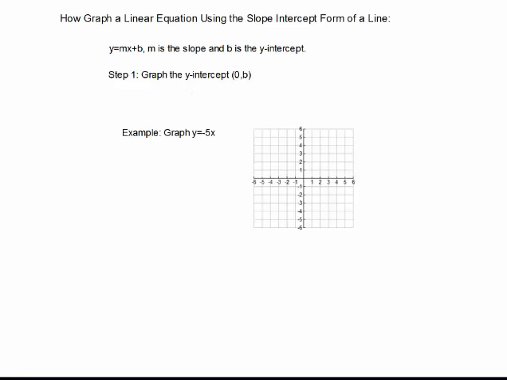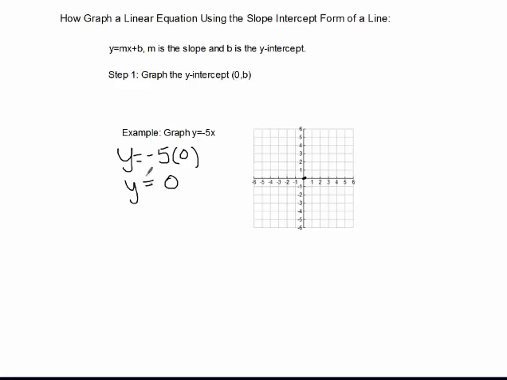In step 1, we replace x with 0 and get that the y-intercept is 0. So we have a point at (0, 0) here.